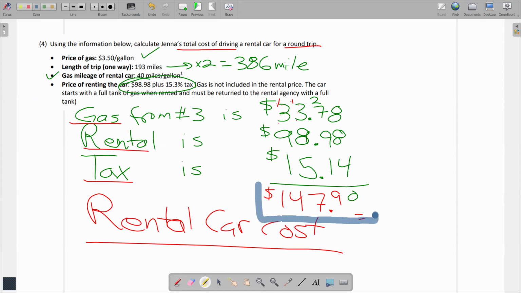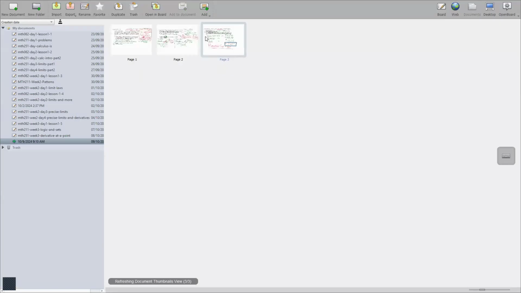Next one is Jenna's car. That one's a little more complicated. Yeah, she's got a lot of stuff going on. All right, so I'm gonna go get the, oops, wrong button.